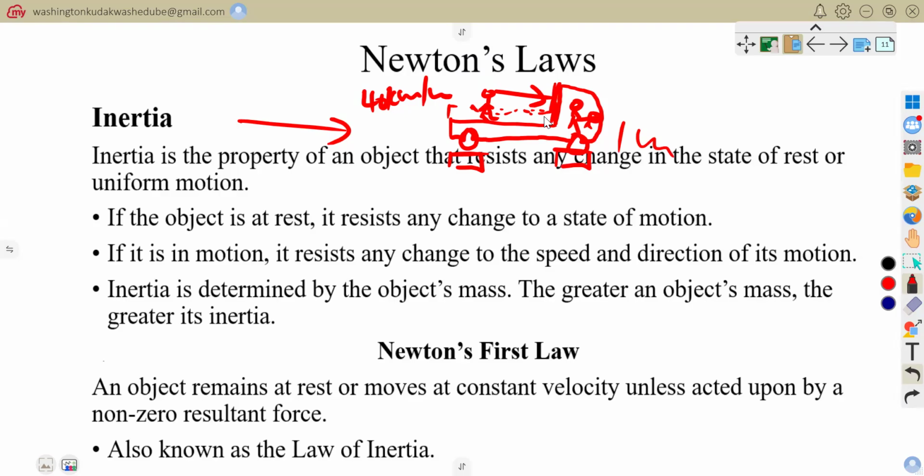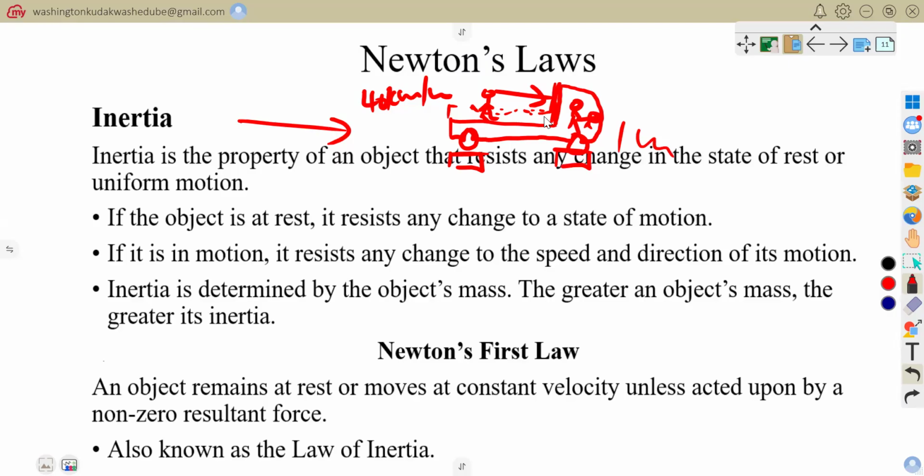So the picture that I'm trying to bring out here is that when you are in a car or a bus, you are not wearing a seat belt, and then that bus, that car, that bike, the driver suddenly steps on the brakes. We have that tendency of moving forward naturally.